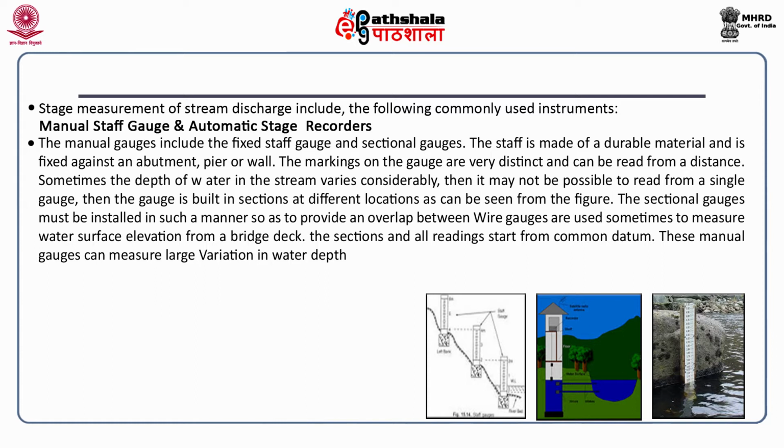In case of the extreme left, you will see that the staff gauges are placed at 3 levels. This is because the stream often has a number of variations. So, if it has variations in flow, then a single staff gauge cannot take all the variations into consideration.